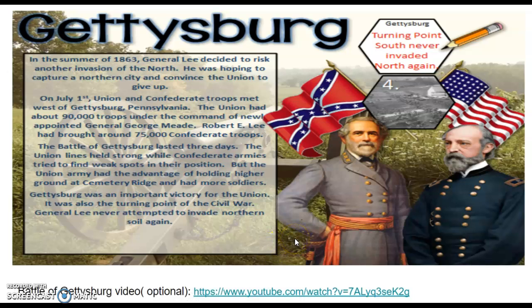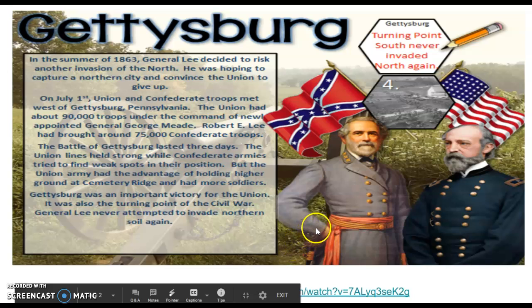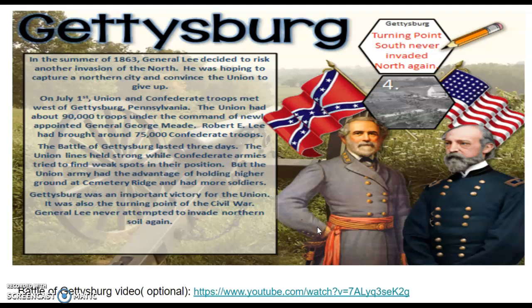It began on July 1st of 1863 and ended on July 3rd of 1863. On the third day, the Southern Army tried to charge and defeat the Union Army, but ultimately they were defeated and forced to retreat.